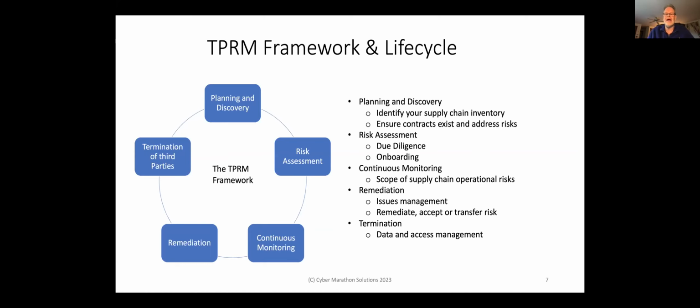And when you identify issues, you have 3 ways to deal with them. You can fix the issue, you can accept the issue, or you could transfer the risk associated with it.